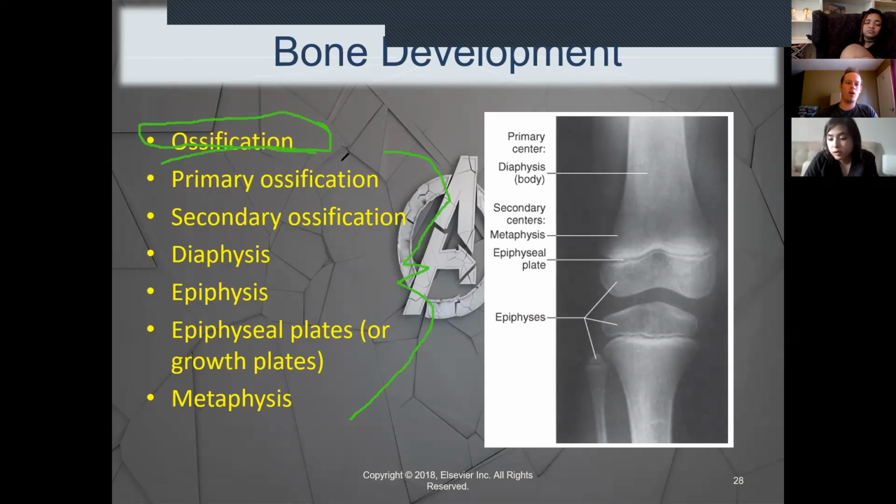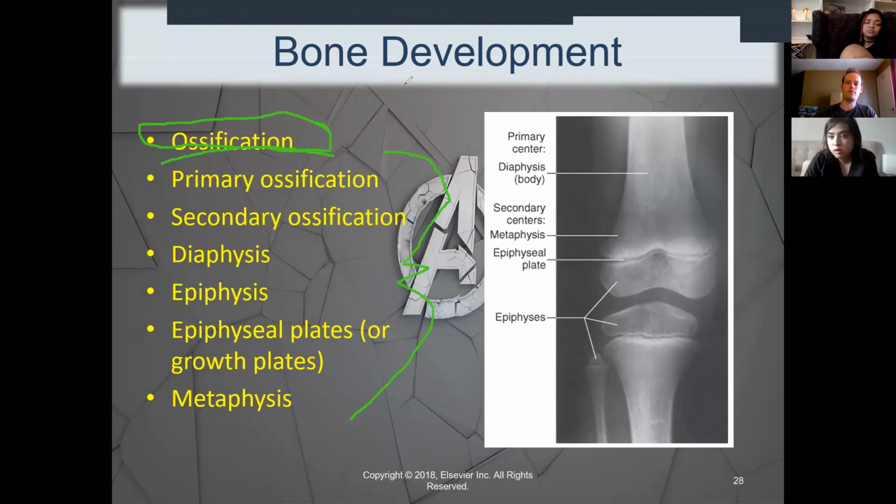Ossification refers to all these steps as a whole right here. When we start breaking it down, we have what's called the primary ossification, the secondary ossification, diaphysis, epiphysis, epiphyseal plates, and metaphysis. So you've seen these before. They're talking about locations of the bone, but they're also in relation to bone development.